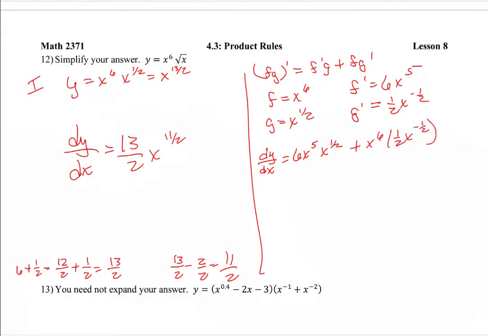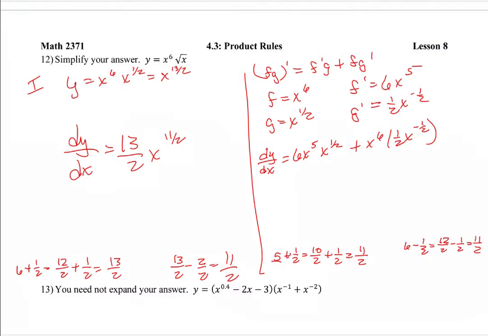So what I have to add over here is 5 plus 1/2, so that's 10 halves plus 1/2 is 11 halves, and 6 minus 1/2, so that's 12 halves minus 1/2 is 11 halves.